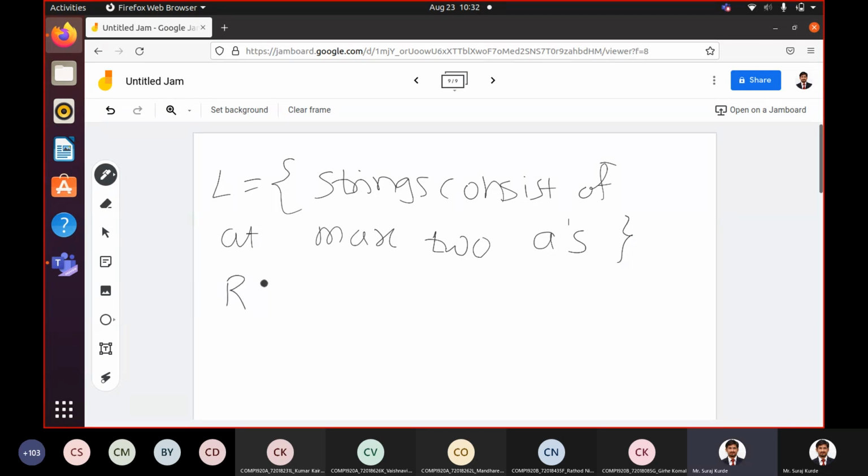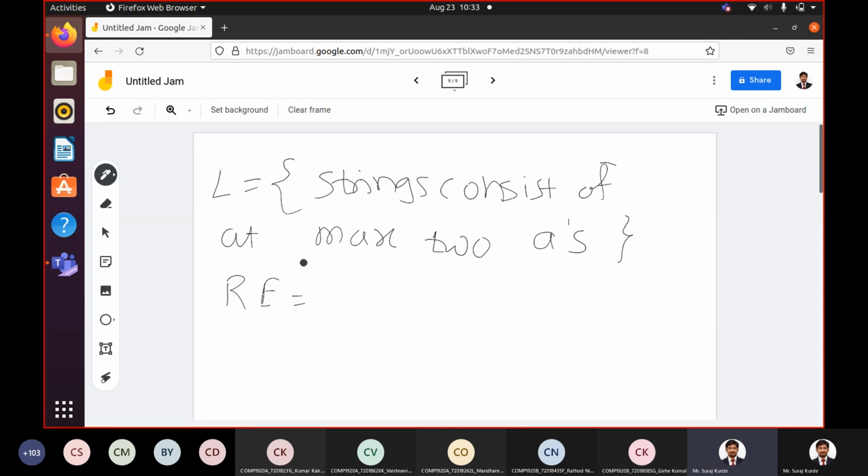So what will be the regular expression? Let's have just a single alphabet. It may consist of at most 2 A's, so the maximum number of A's is 2. There is no second alphabet; we will see a second alphabet in the next example.